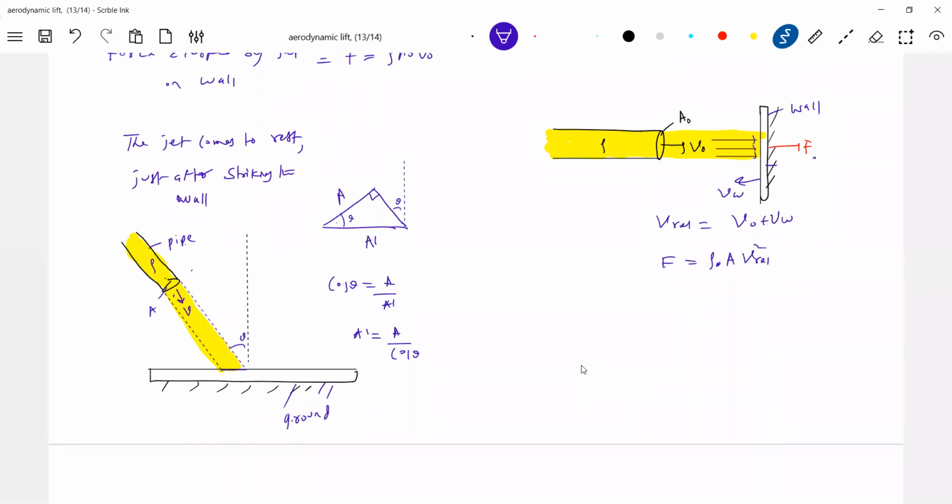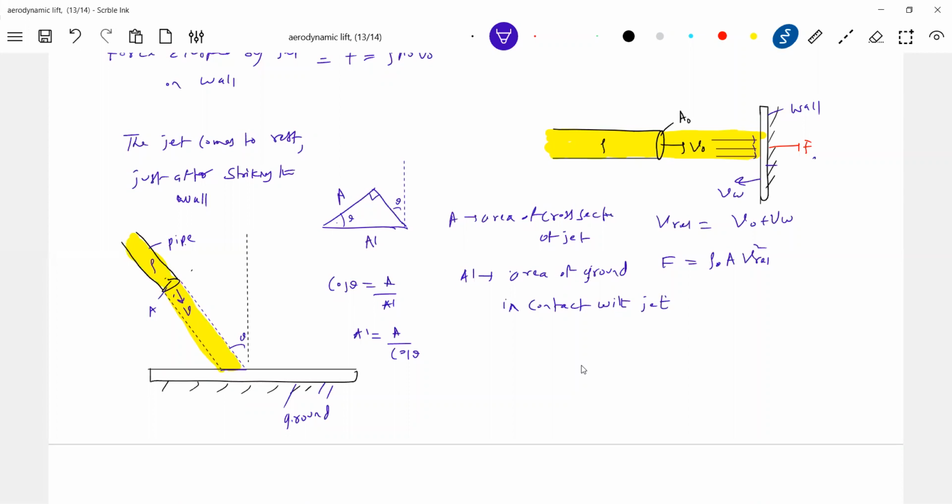What should we call A dash? What is A? A is the area of cross section of the jet. What about A dash? A dash should be the area of ground in contact with the jet.